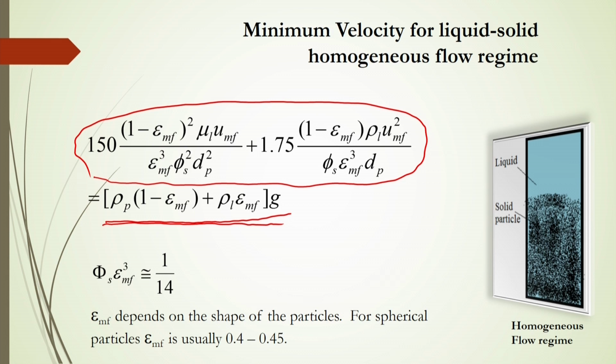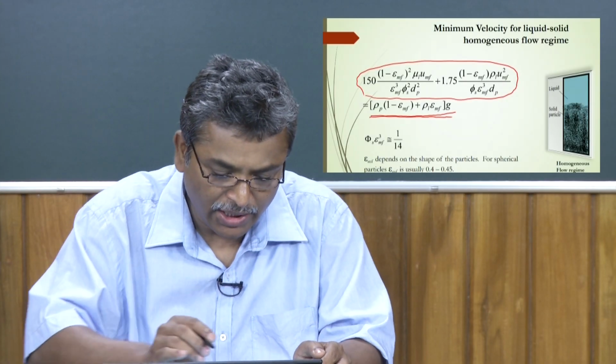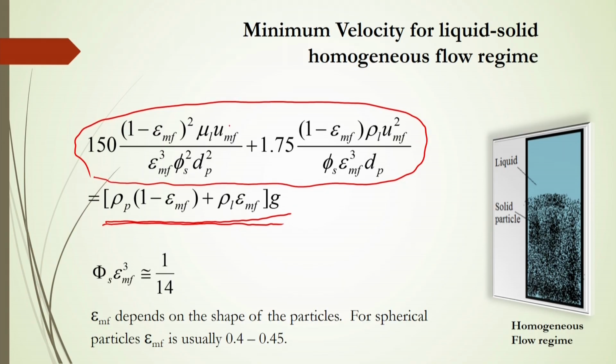So, this has to be balanced, so that at the minimum velocity for liquid-solid homogeneous flow you can get the minimum velocity as UMF, whereas epsilon mf is the minimum fluidization voidage.